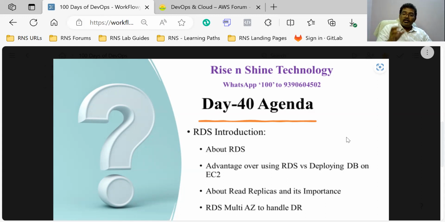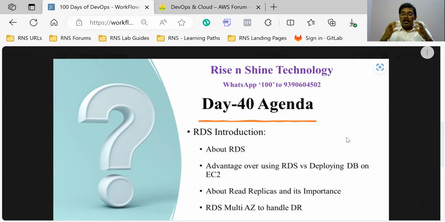You define which database you need, at what time you need the backups, and the maintenance window. While creating the RDS service you just define inputs such as the storage required and the capacity of the system. With all the properties defined, the remaining work is taken care of by AWS.